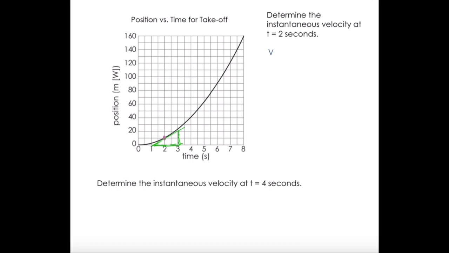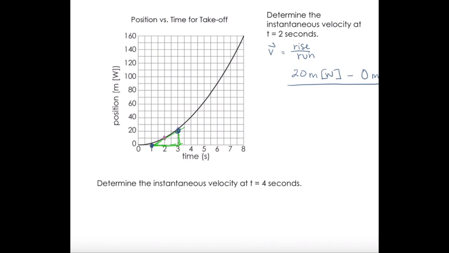The velocity is rise over run. Our rise, we end at position 20. That's what's right here. It's 20, so we're at 20 meters west. Minus our starting position, which was in this case 0 meters west.